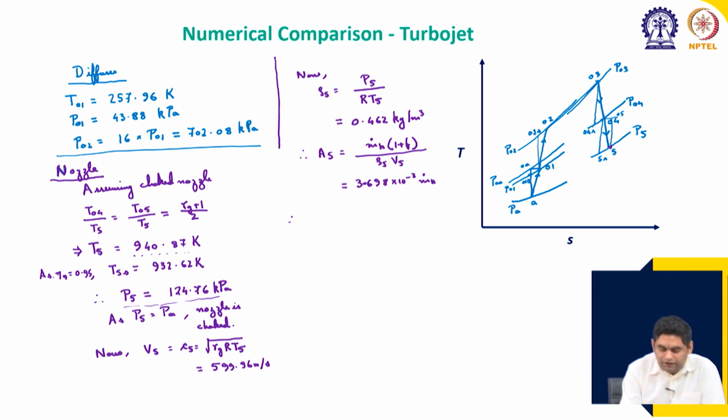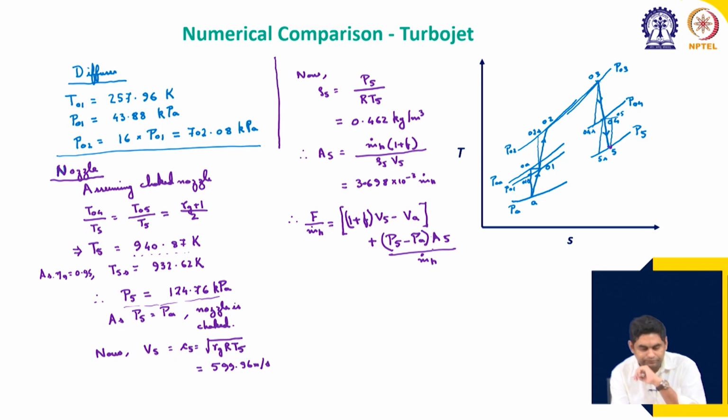Finally, we can write the thrust. The total thrust F by m dot h, total thrust per unit mass flow rate of air through the hot section, is (1 plus f) times (V5 minus VA), which is the momentum thrust, plus the pressure thrust. Here there is a very large pressure difference, so we expect a very large pressure thrust, (P5 minus PA) A5 by m dot h.